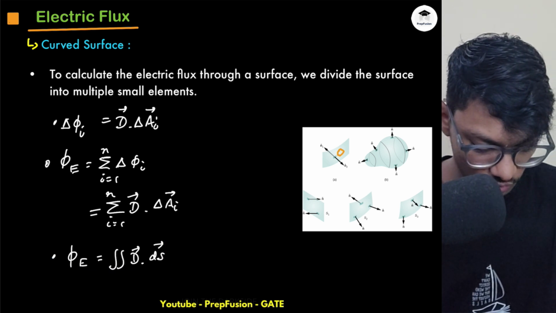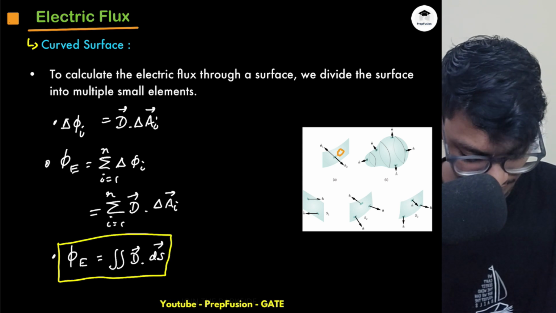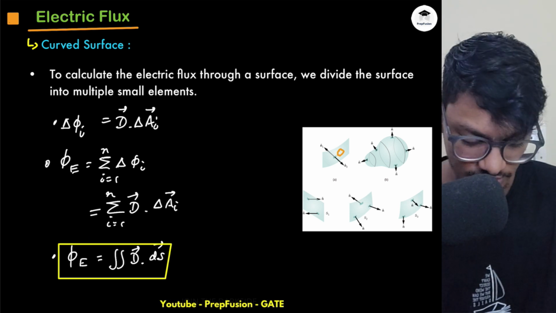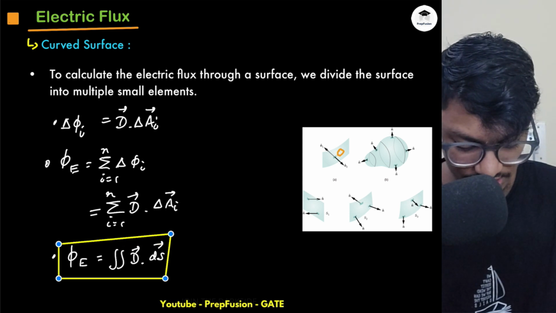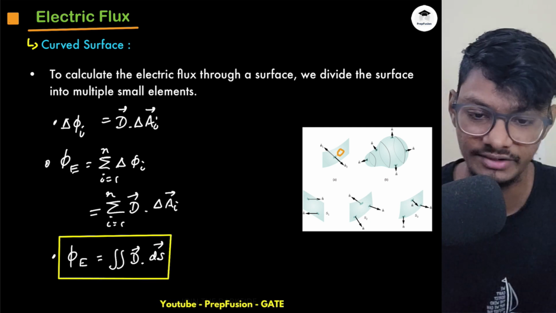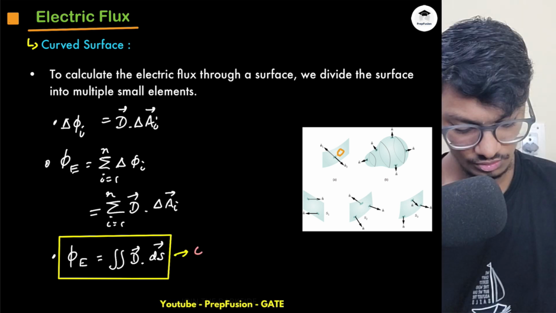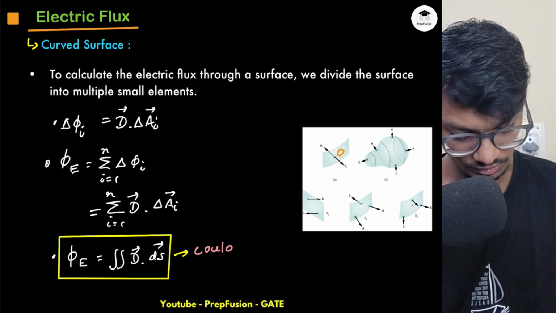This is the formula that you should know for any generalized surface. For a normal surface like a square, rectangle or circle, you will be able to do it. But for any surface that is not well defined, you have to use this particular formula. The unit is coulombs.